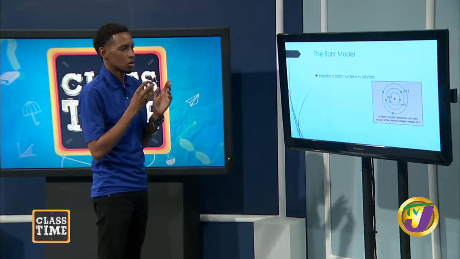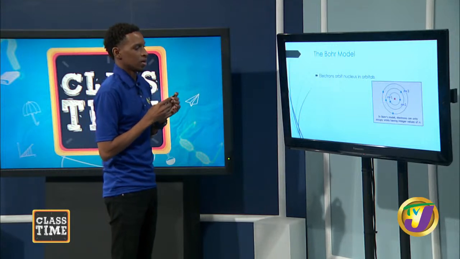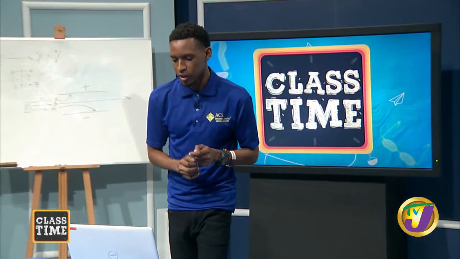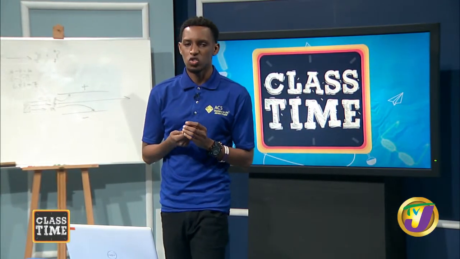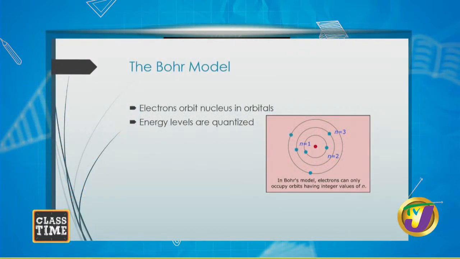They're always located on the orbitals themselves. Niels Bohr also stated that the energy of the orbitals is quantized, meaning that they have a fixed energy, and each element is unique. Each element has a unique amount of electrons.